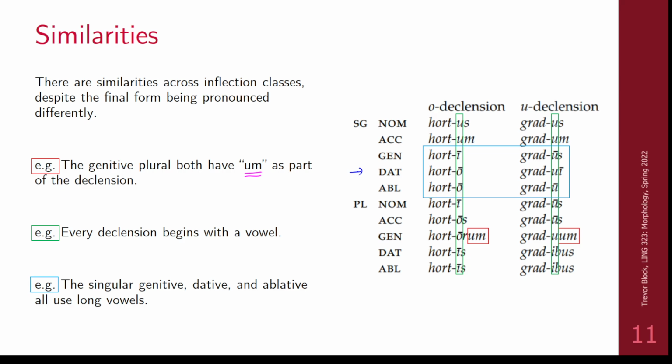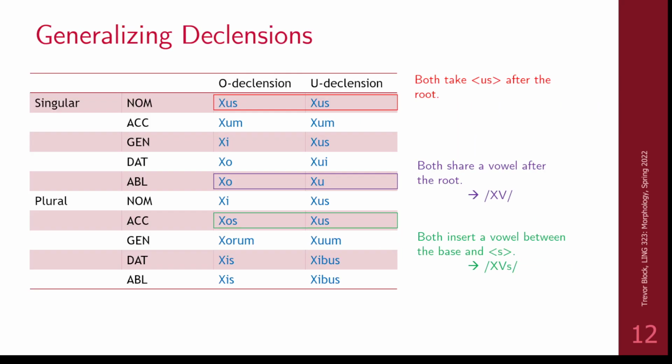So we know there are similarities. How are we going to capture them? Well, the first thing we can do is turn everything into a root form. So we're going to get rid of the roots and just make the suffixes apparent to us. That is what I've done here. It used to be something like hortus and gradus, and what I've done is taken those roots and turned them into x's, so we can see the suffixes more clearly.